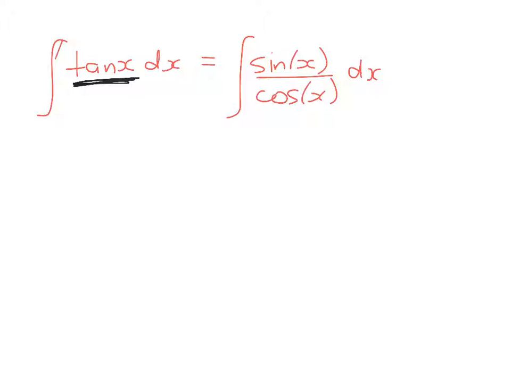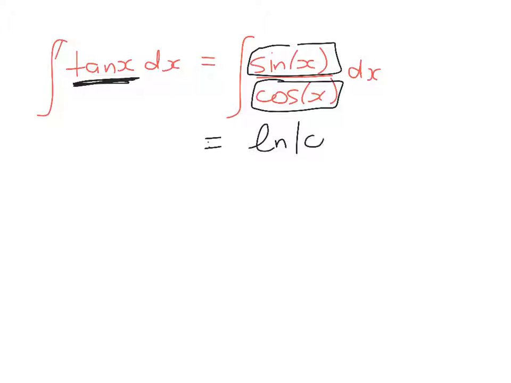Once we see this, again we've got the pattern where in the denominator I've got cos of x, and in the numerator I've got sine x, which is closely related to its derivative. So this one is going to be something like the natural log of cos x. But let's check if that's right, and we'll see that we're not finished yet.